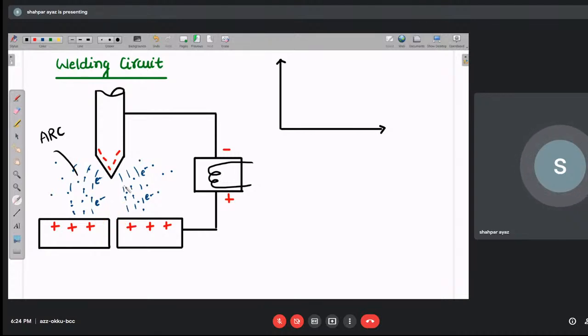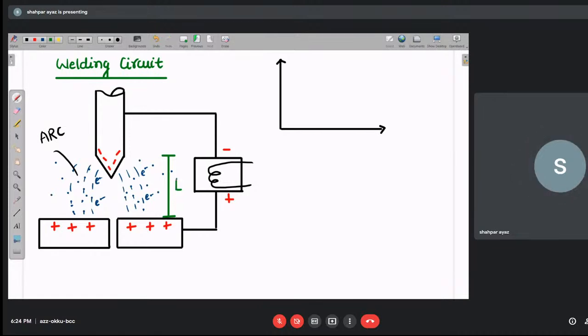Between that, the arc remains there. Arc is produced. That is called your arc length, right? So this distance is called your arc length, L_A, or L you can assume, no problem.